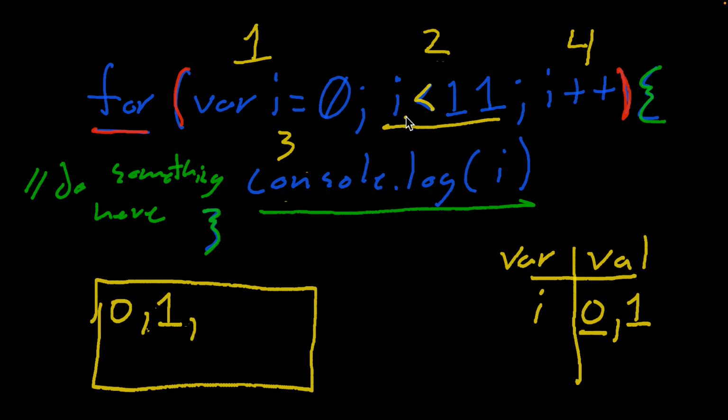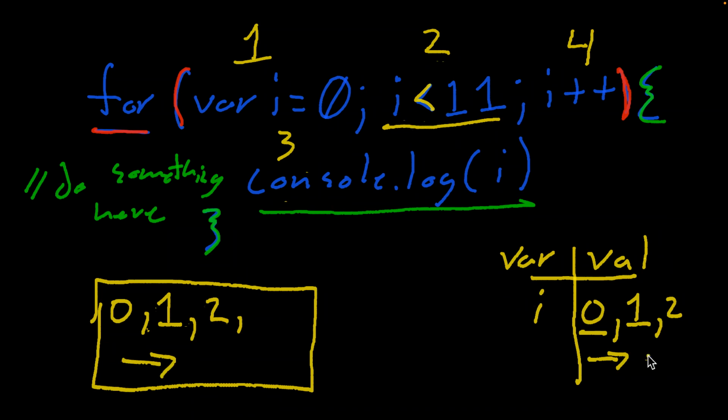And we do this until this is no longer true. So we increase the value of i, go to step 4. We console.log i here when it equals 2. And then we do that all the way until we reach what? Until i equals 11.